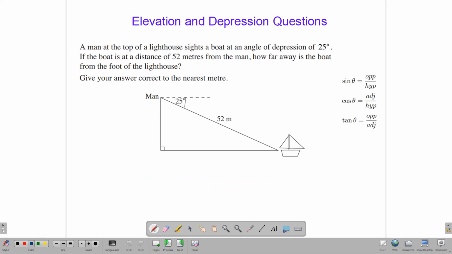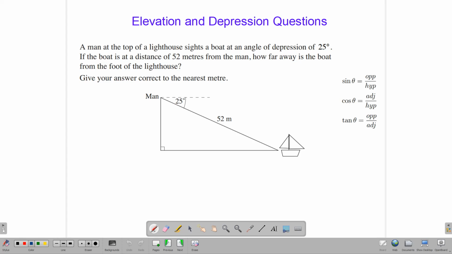Of course, in working out questions in elevation and depression, we're going to be using trigonometric ratios, which are sine, cosine, and tangent. Now, a man on top of a lighthouse sights a boat at an angle of depression of 25 degrees. So man up here looking out, and this is the angle of depression of 25 degrees out to the boat.